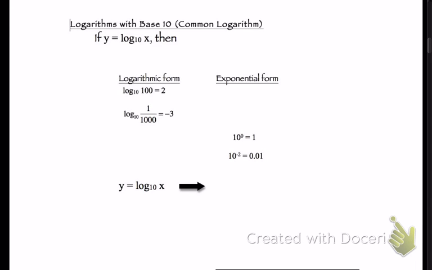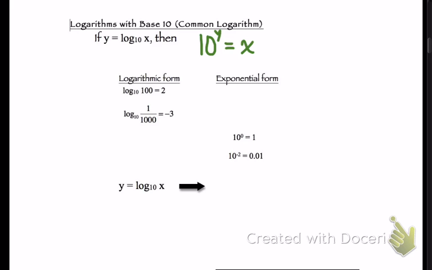Alright, so let's go in the other direction. If I give you y equals the base 10 log of x, then what I can do to write it as an exponent, aka the inverse, is write it as the base 10 to the y power equals x.